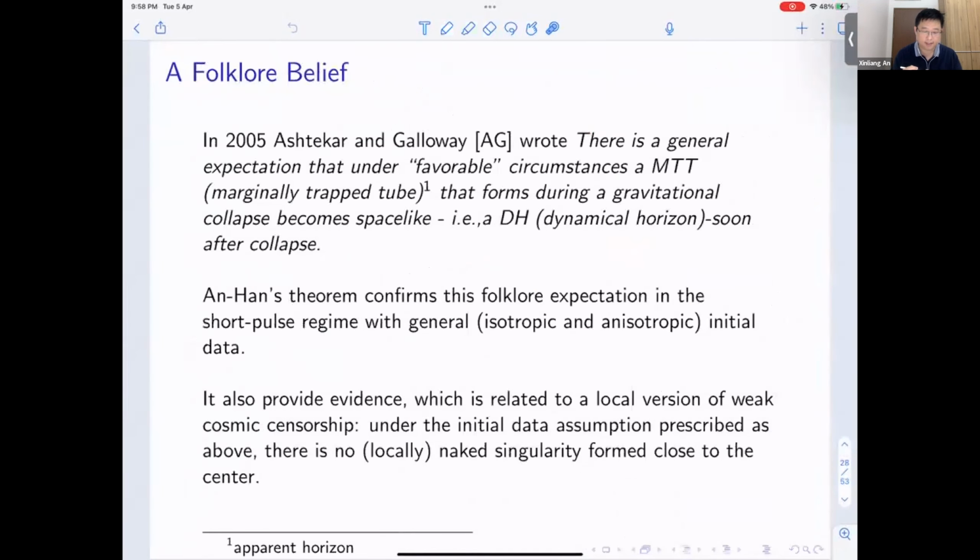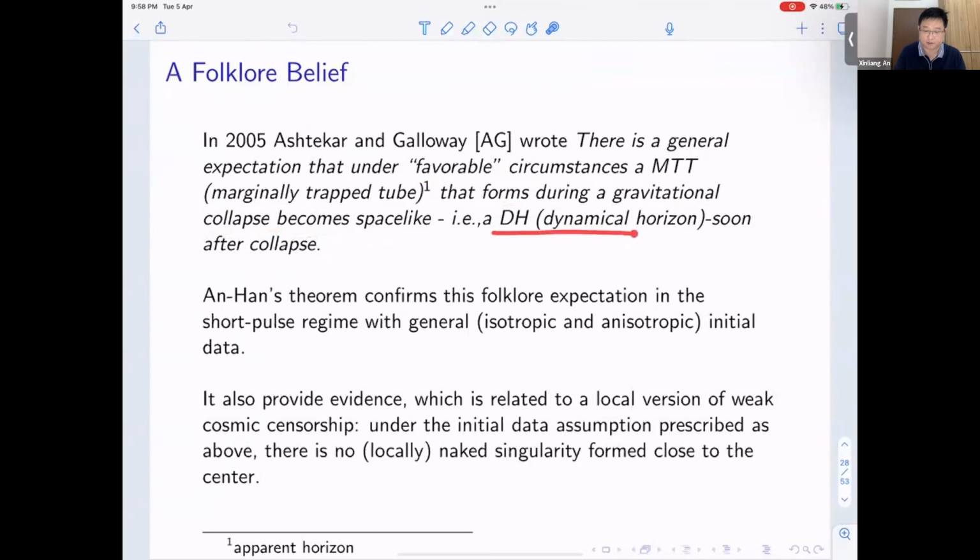There is a folklore belief related to this, from Professor Galloway's writing. In 2005, Ashtekar and Galloway wrote that there is a general expectation that, under favorable circumstances, a marginally trapped tube, this is the apparent horizon, that forms during a gravitational collapse becomes spacelike.